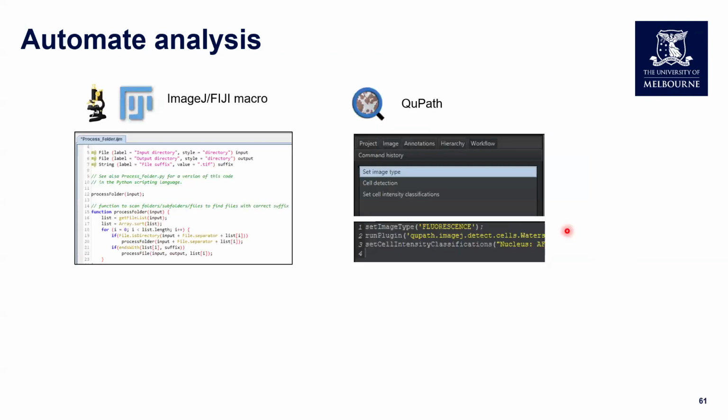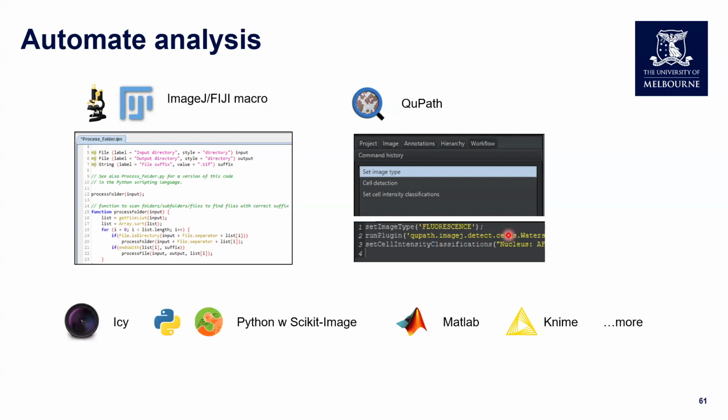Such pipeline environments are actually not available in other popular programs like Fiji or QuPath. But in these programs, the workflow can be recorded through script recorders and applied for batch analysis. And if you're more interested in automating analysis, you can also try other programs like ImageJ, Python, MATLAB, and KNIME.